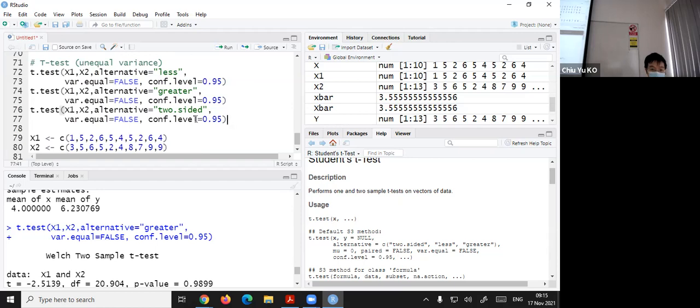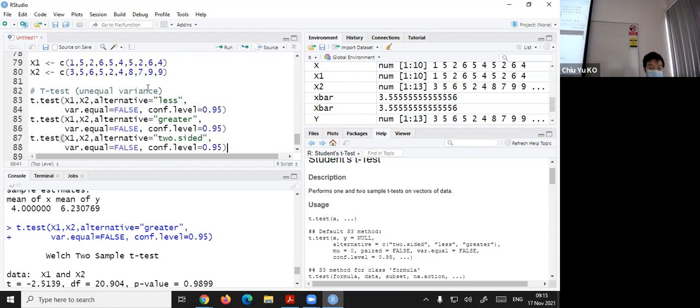Now we can run the paired. Paired means that we will say paired true. We just need to tell it that it is paired data.